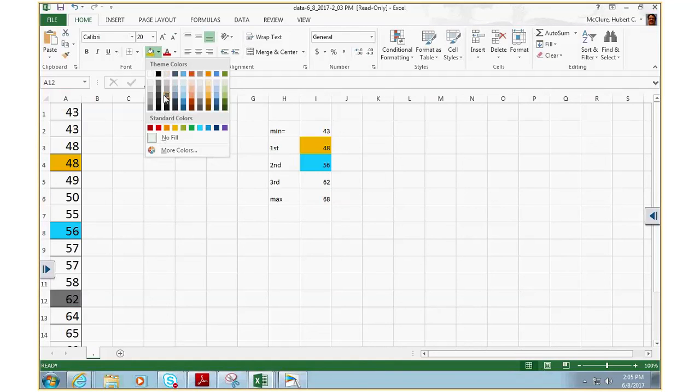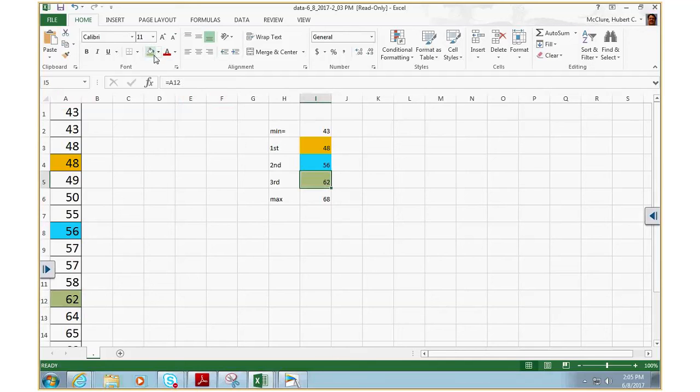Draw your number line. You need the mid-range. So go ahead and calculate the mid-range. Mid-range is equal to parentheses, the highest plus the lowest, divided by 2.